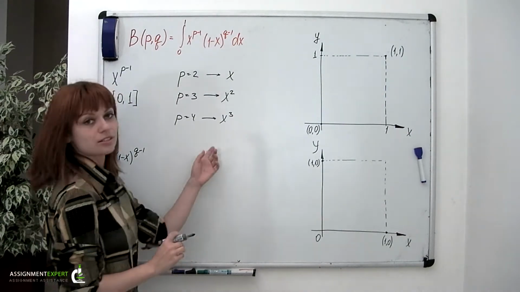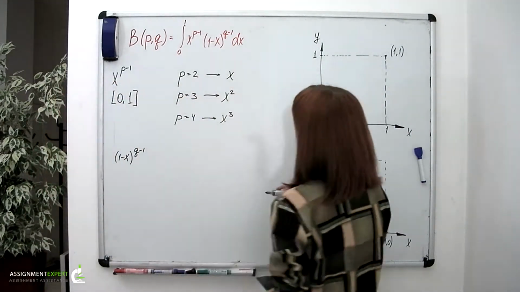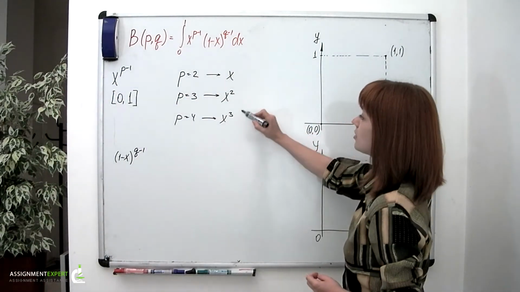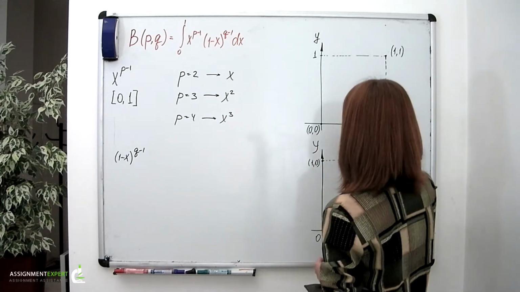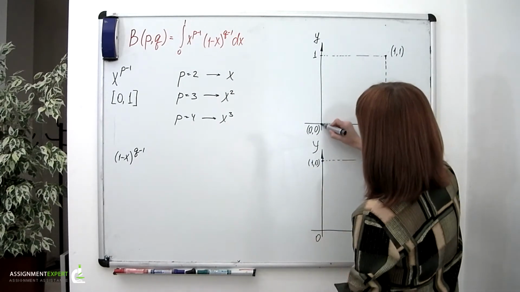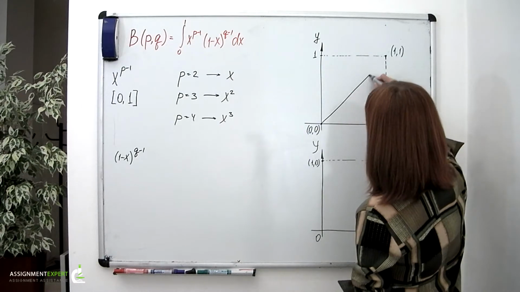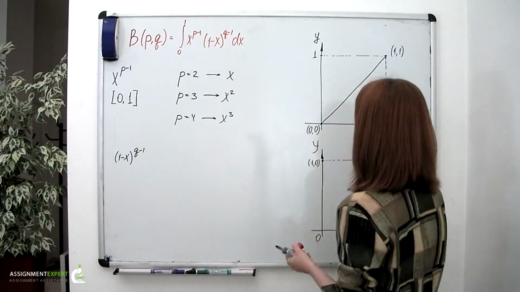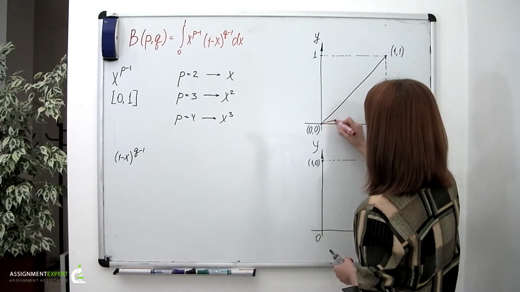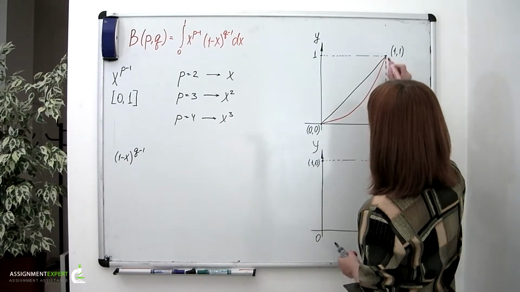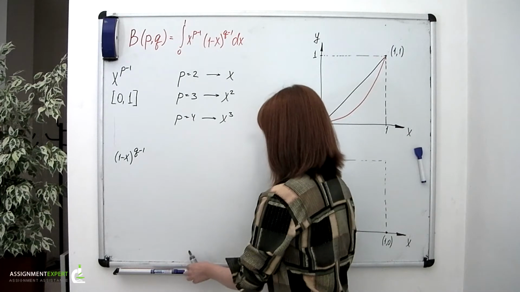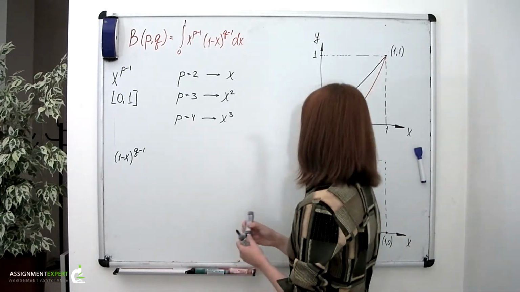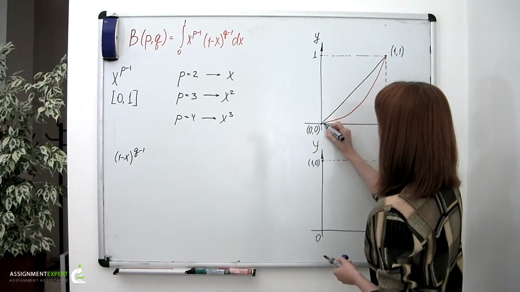Now let's graph these curves. So what we have is a straight line, a parabola, and a cubic function. And here we go. A straight line, a parabola, and a cubic function.